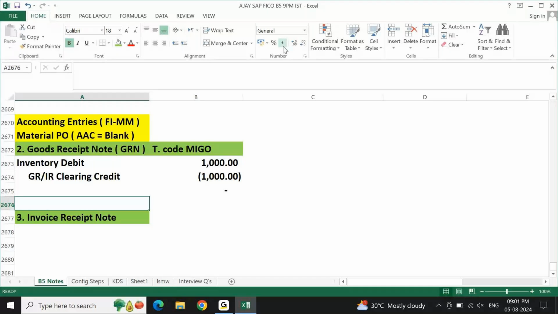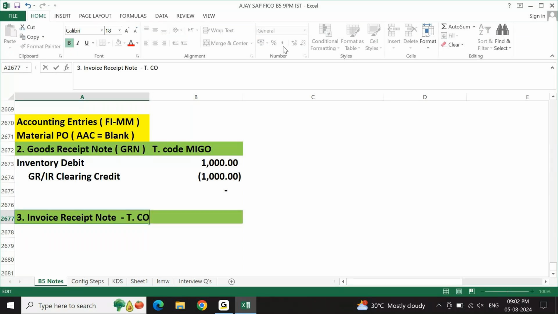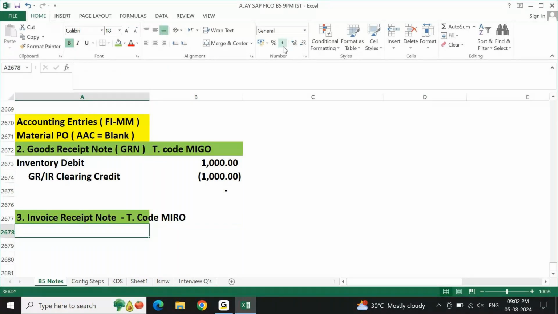On the other side, when you are creating any invoice, this T code is MIRO. Okay, this T code is MIRO.